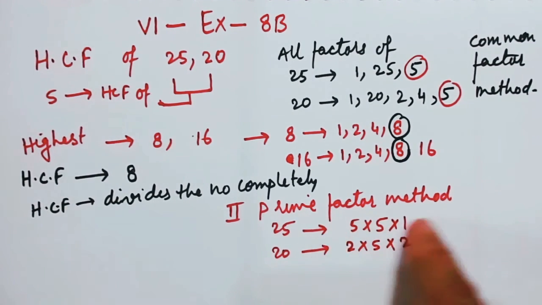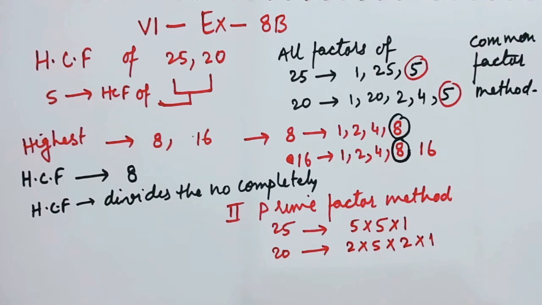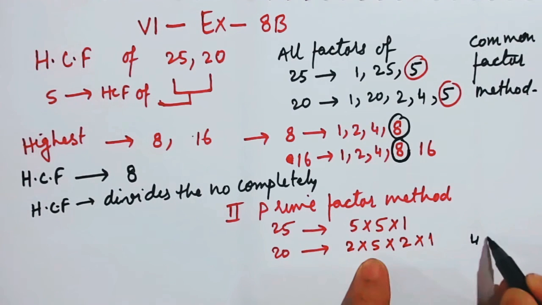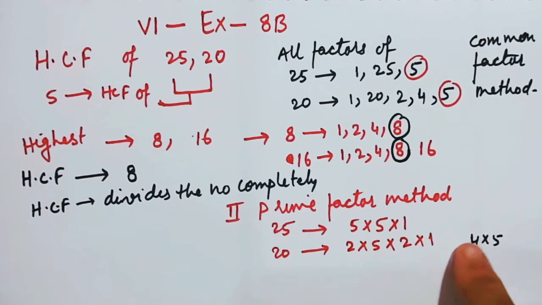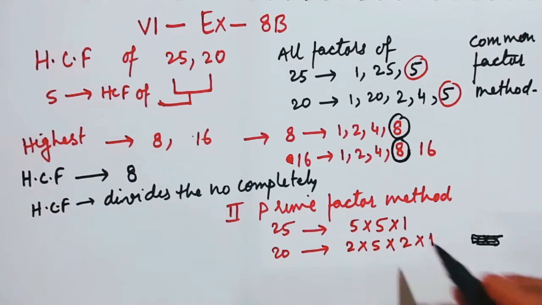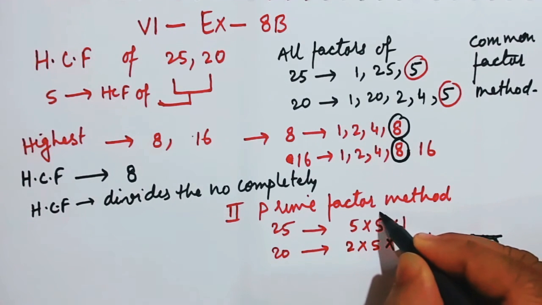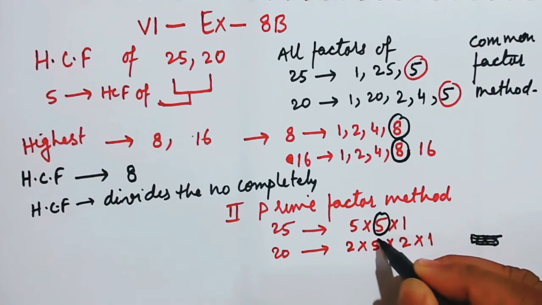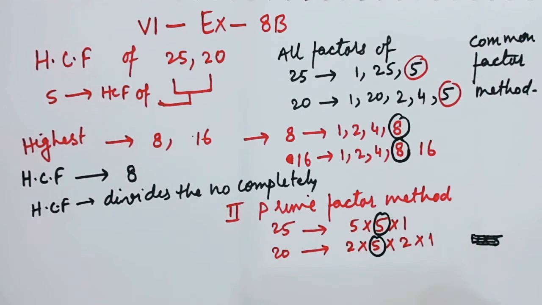Here you have broken the numbers into prime factors. Why prime factors? Because these are prime numbers. I cannot write 4 into 5, because 4 is not a prime factor. So you break the numbers into prime factors and then write all the numbers which are common. 5 is common.